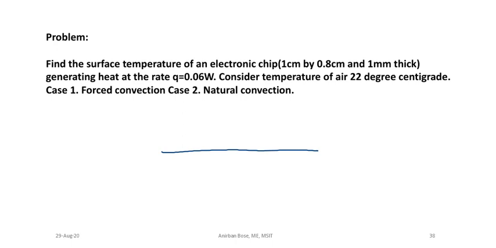Suppose this is the electronic chip, and it is given that its dimensions are 1 centimeter, this dimension is 0.8 centimeter, and its height is 1 millimeter. So this is the chip.